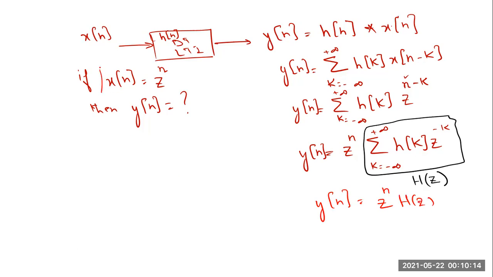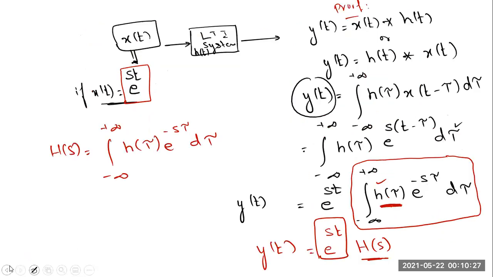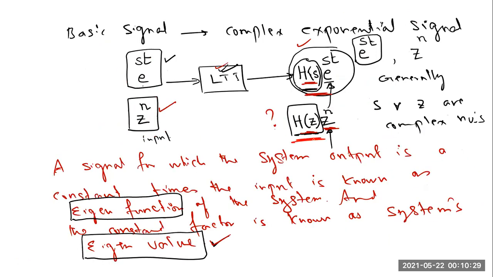Now if the input is z to the power n, the output is also the same z raised to power n multiplied by this factor, which is the eigenvalue. Now you know the answer.